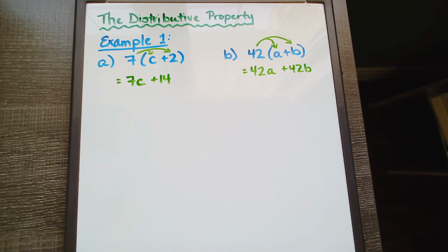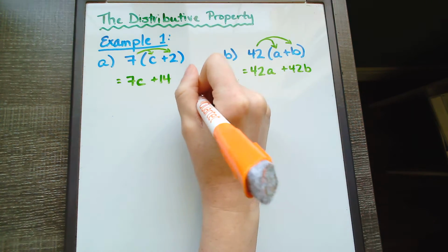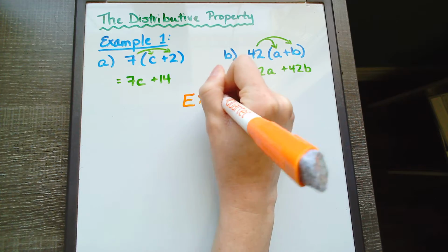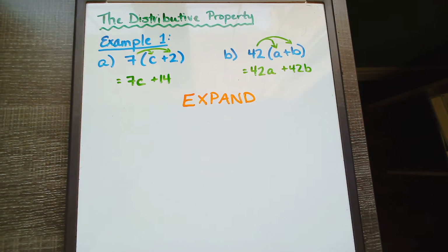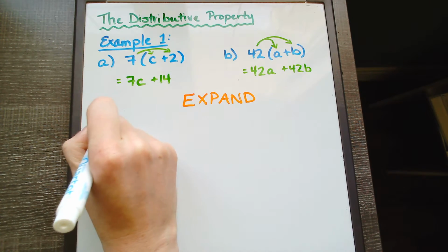Just like that. In math, oftentimes the word that we are given in the question is expand. When we are asked to expand, this is what we are being asked to do: multiply that outside number into those brackets.